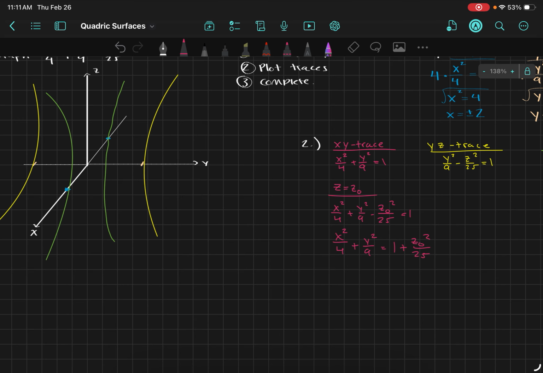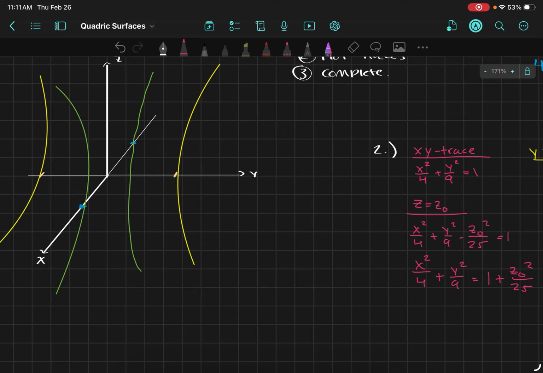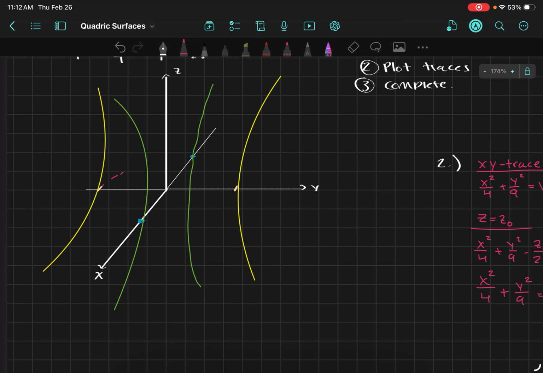Our Z equals Z naught trace. Well, first of all, I just want to recognize that if we did graph our x squared over 4 plus y squared over 9 is equal to 1, our xy trace, that would just be this right here. That would just be connecting all our intercepts in our lines, okay?